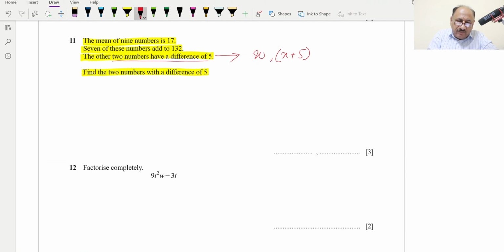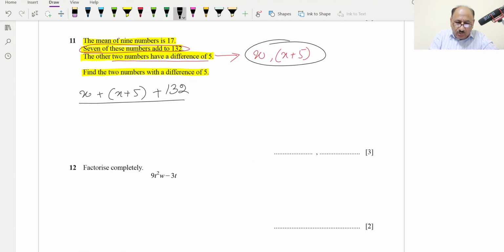So the rest of the 7 are adding up to 132. So we can write the equation: x plus x plus 5 plus those 7 numbers which are adding up to 132, divided by the total numbers, which is 7 plus 2, which is 9, equal to 17. This is basically the mean equation which we have written.